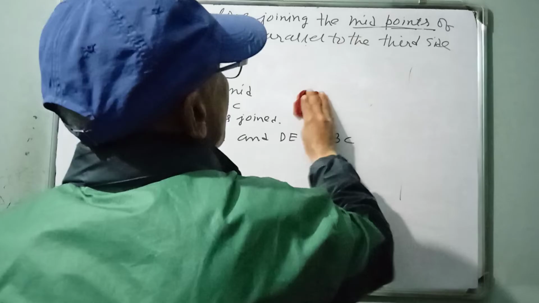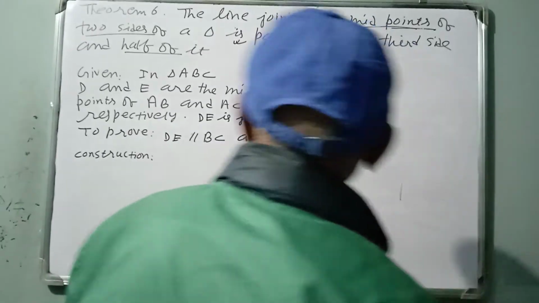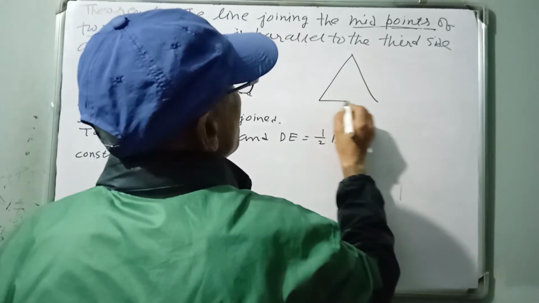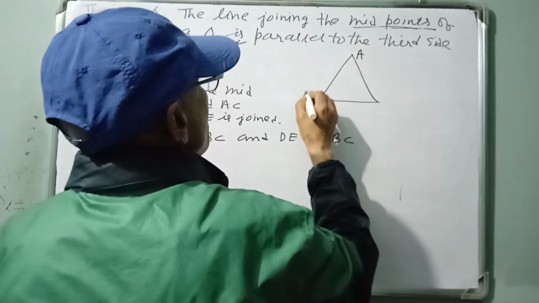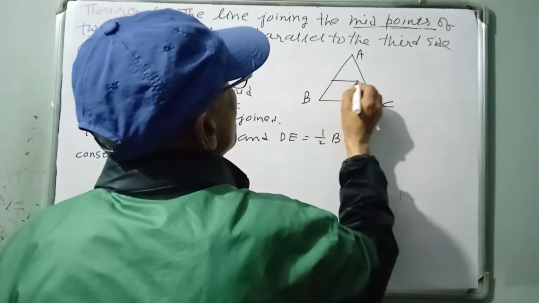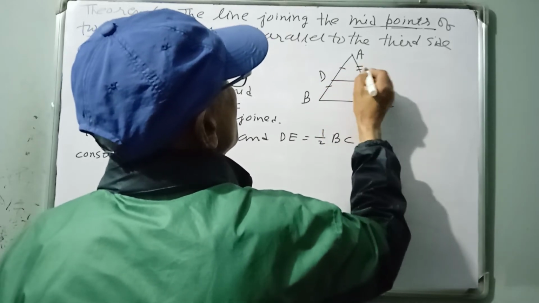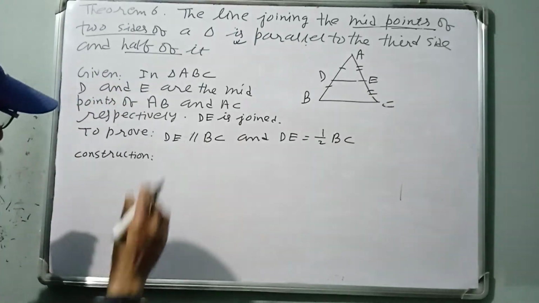I'll draw again. A, B, C, D, E. What construction is needed?